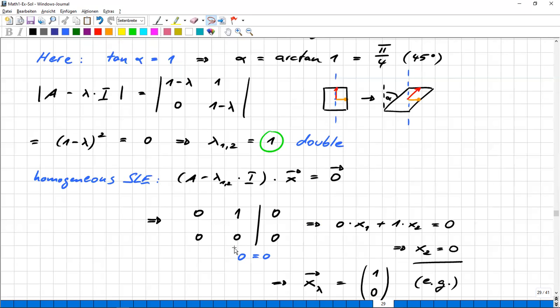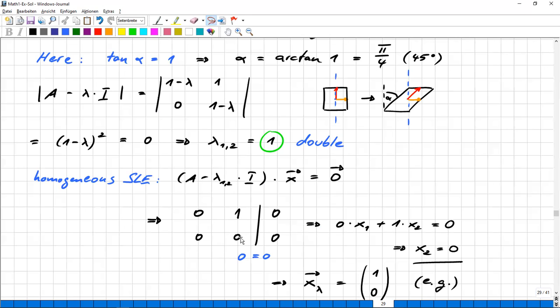It's also a good test for you to see whether you found the correct eigenvalues, because only if by insertion of each of the found eigenvalues in this matrix construct here, it must be the case that at least 1 zero row comes along.